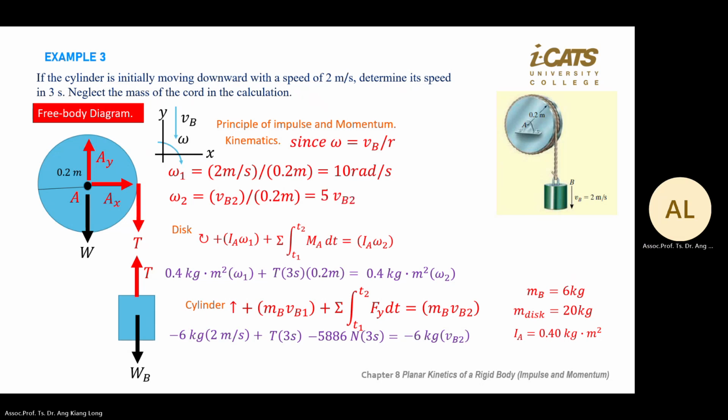Omega 1 is equal to 10, substitute here. Omega 2, you don't know V2, but you know the R, so you just leave V2 as a parameter. So you have 5 V2, substitute here.